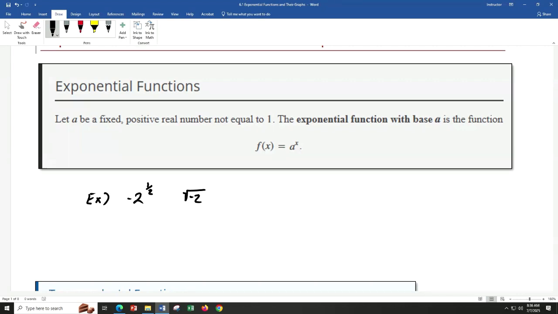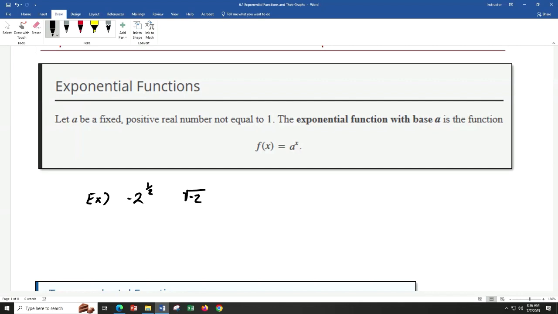I want you to note something. The y-intercept of an exponential function is always the point (0, 1). Let's remember, for it to be a y-intercept, what are we making 0? x.